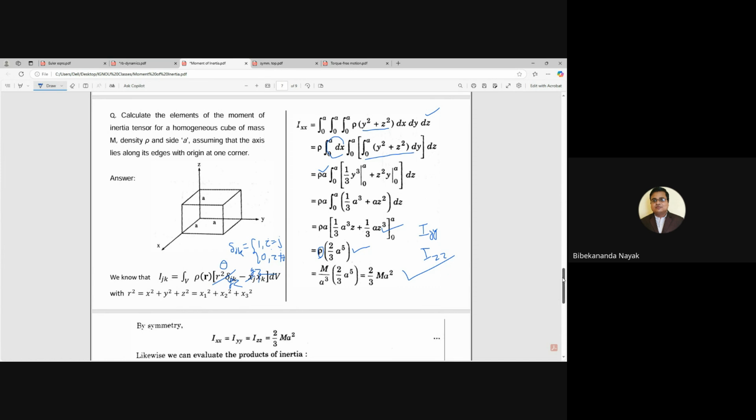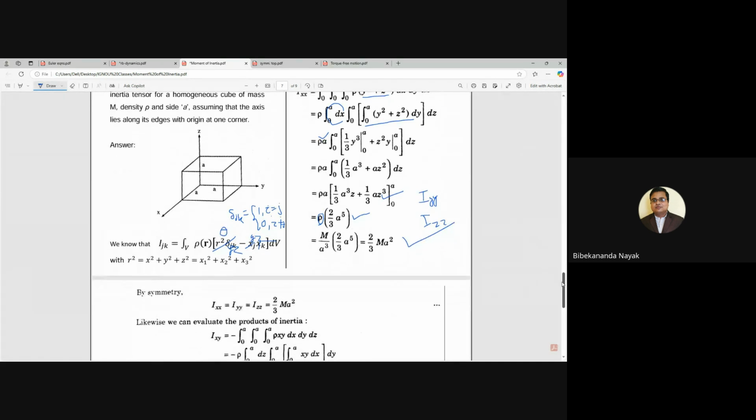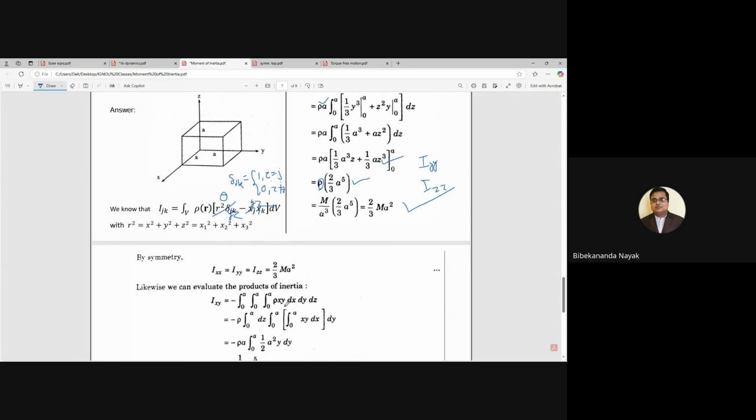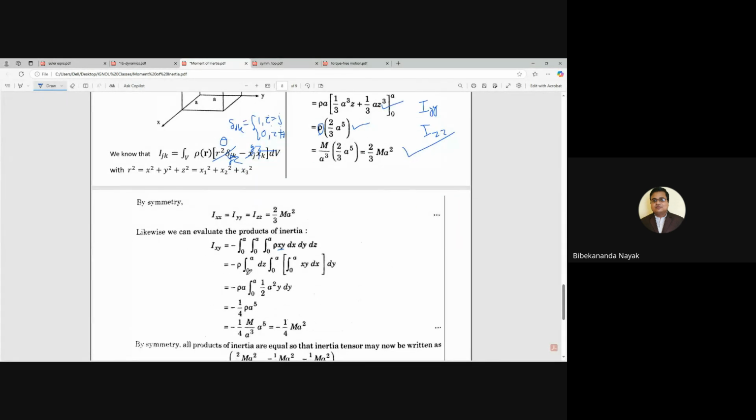So for the yz component, suppose the xy component means it is xy. So my xy component, first calculate: it will be the integral of rho xy dx dy dz. Again there is no z, so integrating it first gives you rho a.